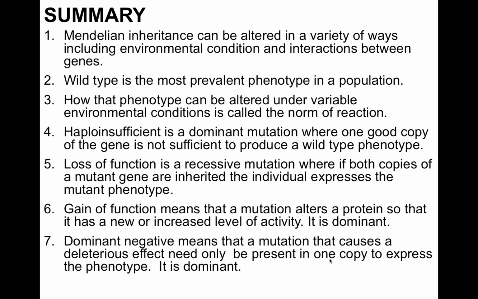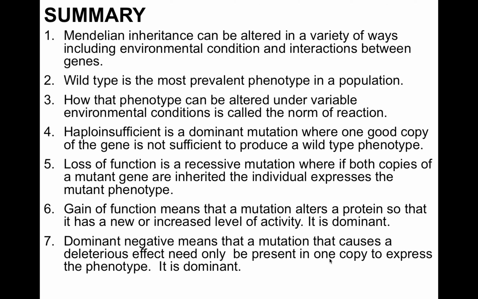Mendelian inheritance can be altered in a variety of ways, including environmental conditions and interactions between genes. Wild type is the most prevalent phenotype in a population. How that phenotype can be altered under variable environmental conditions is called the norm of reaction.